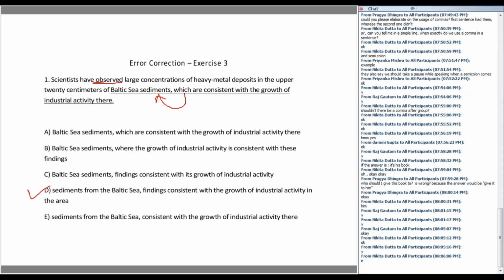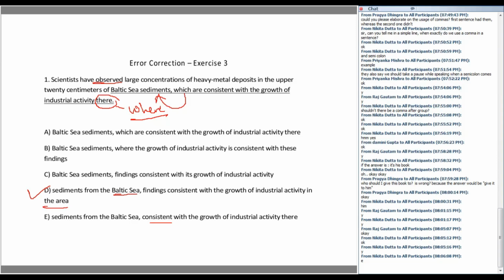Another problem in this question is he has used the pronoun there. There where? Where is the antecedent? Where is the industrial activity happening? It is happening in which area? In the Baltic Sea. So D I think should be the answer.